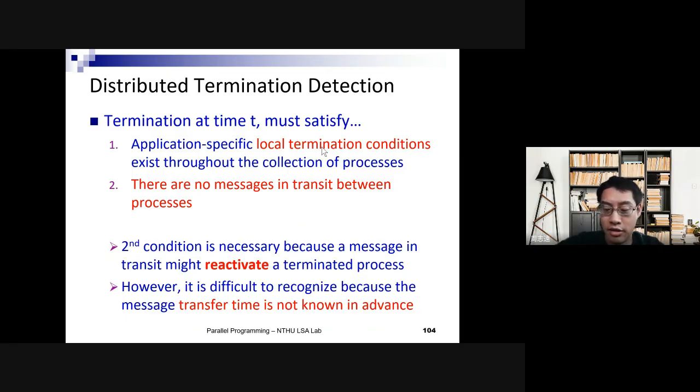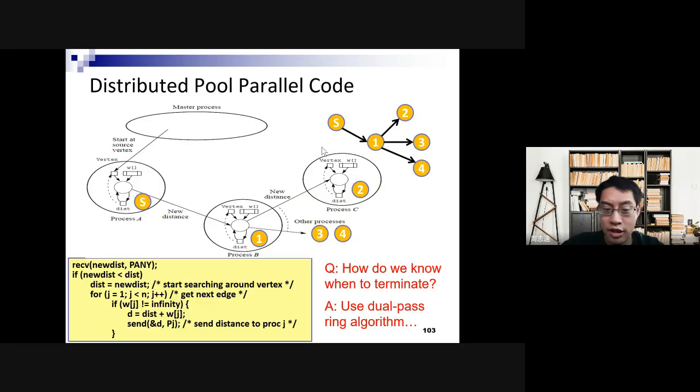Why is that? Take this example. You could imagine that at runtime, at a certain point, maybe all the processes have work pools that are already empty. But actually a new task is generated by a message sent by P to C, and sending the message takes time.